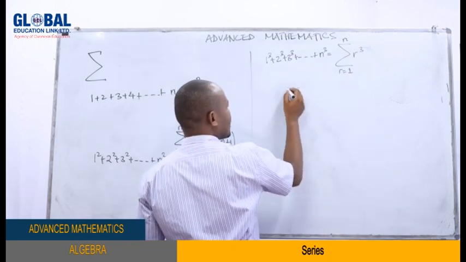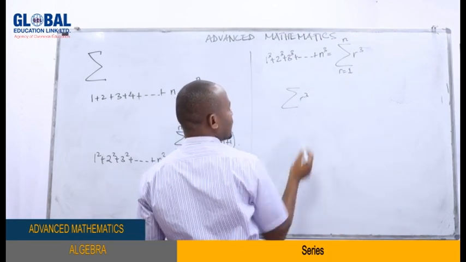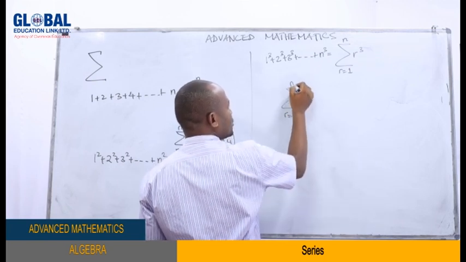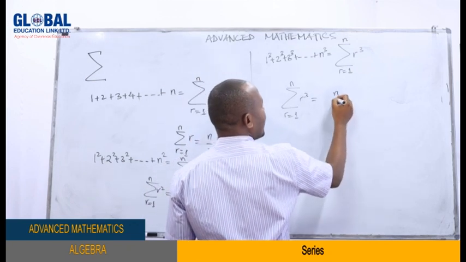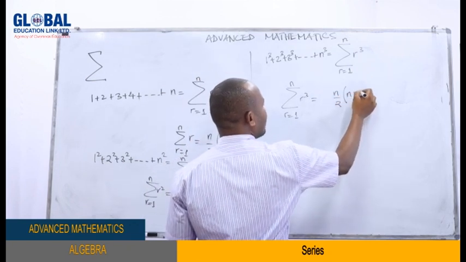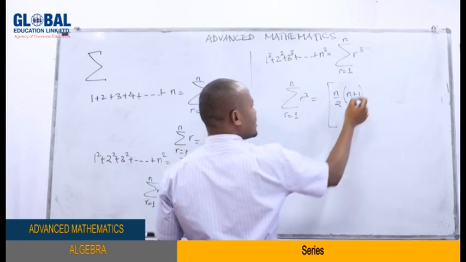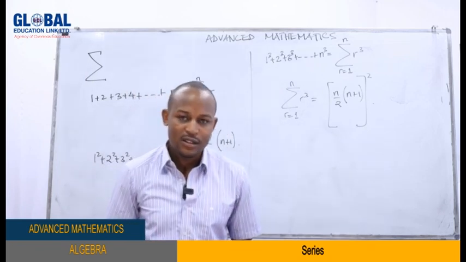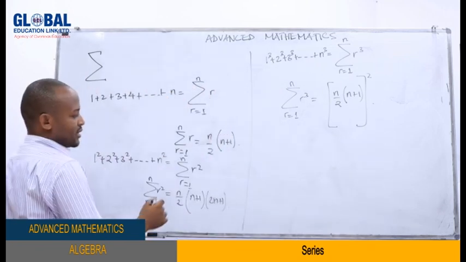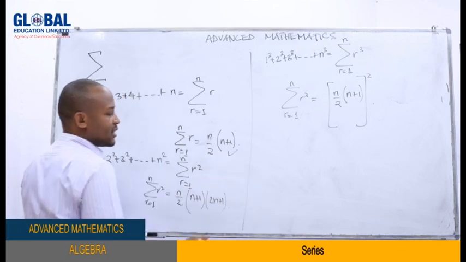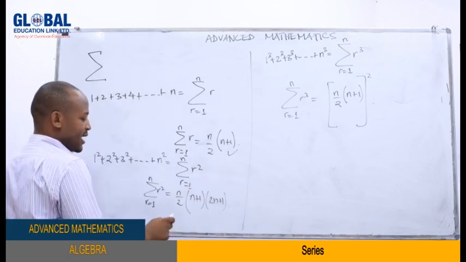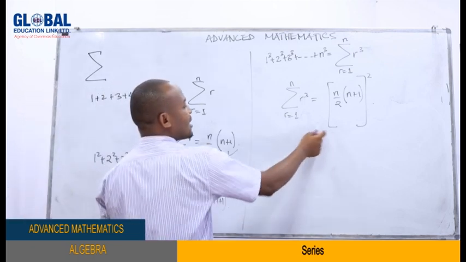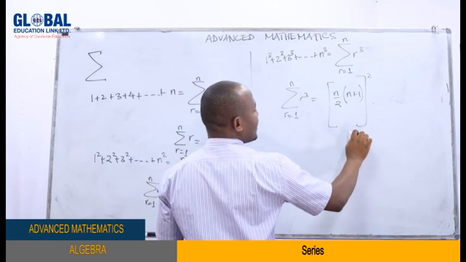Now, its formula: the sum of cubic terms when r is equal to 1 to n equals n over 2 times (n plus 1), and all of that is squared. So these are the three formulas that will be used. This will be the sum of the first n terms, this the sum of the first n square terms, and this the sum of the first n cubic terms.